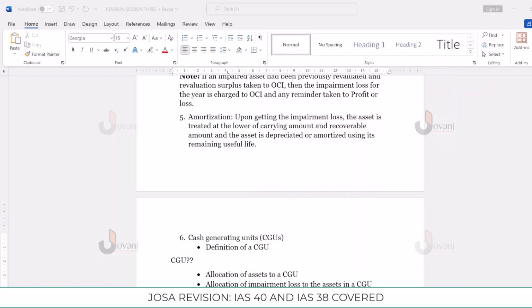Yes, Michael. A CGU is just a group of assets that generates cash flows separately. Perfect. It is a group of assets that generates cash flows separately. As simple as that.